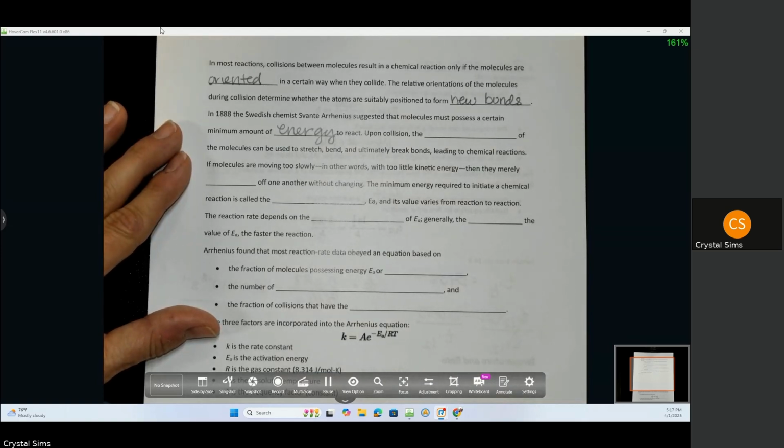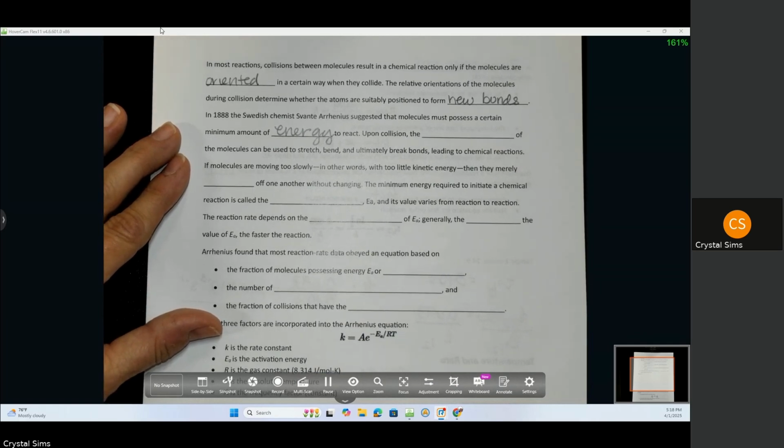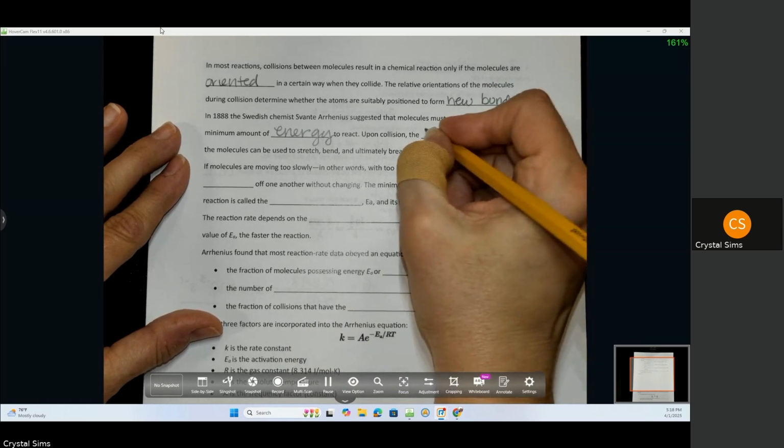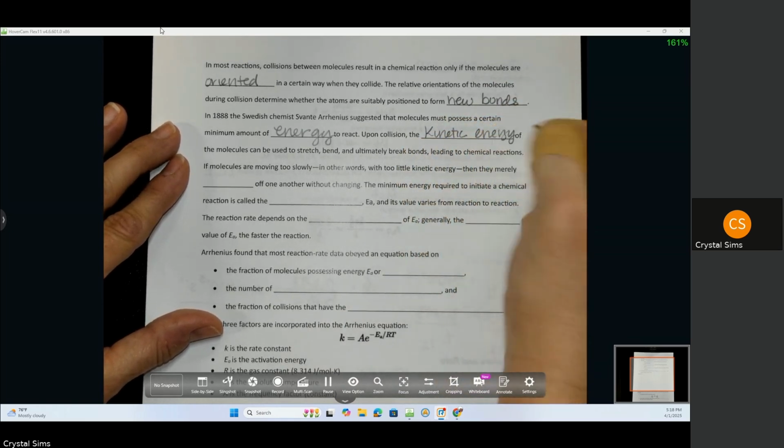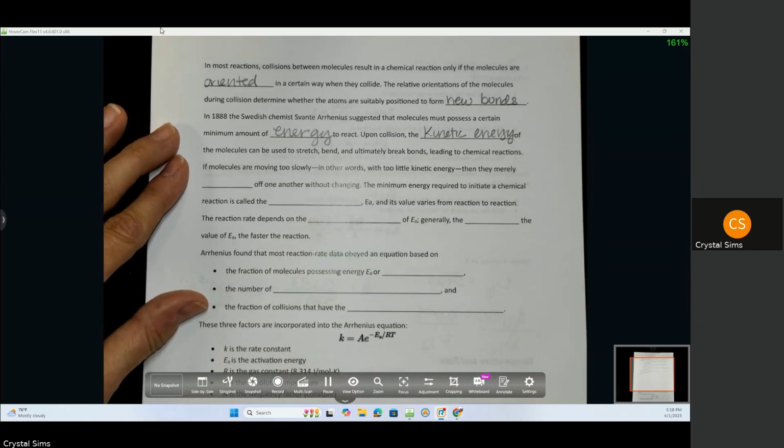And once they collide, the energy of these molecules, and specifically the kinetic energy, which remember is energy of motion, is what leads to the chemical reactions.